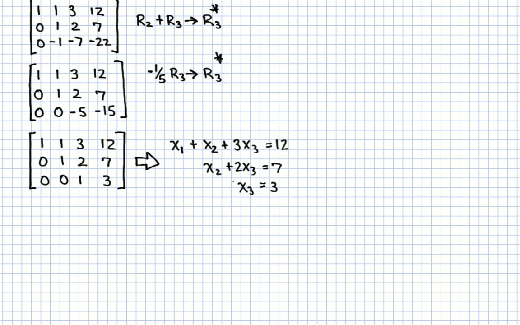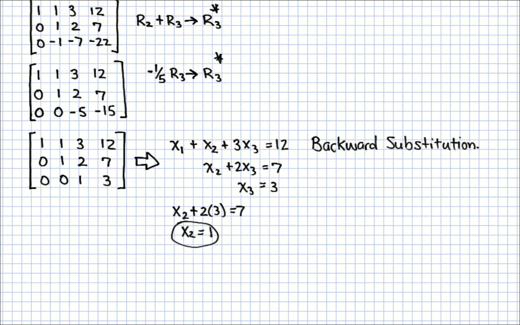So we just solved for x3. We know the value of x3. And so now what we're going to do is perform something called backward substitution. So now that we have x3 equals 3, let's substitute that into the middle equation. x2 plus 2 times 3 equals 7, and that means that x2 equals 1.